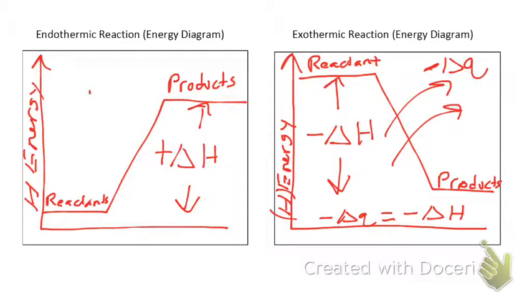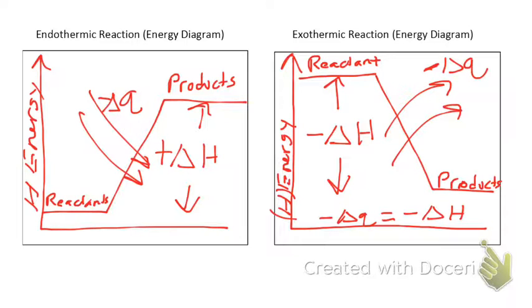Well, it's absorbing heat energy from the surrounding environment. Heat energy is going into the system, and that heat energy is being converted into potential energy from the reactants to the products during the course of the reaction.